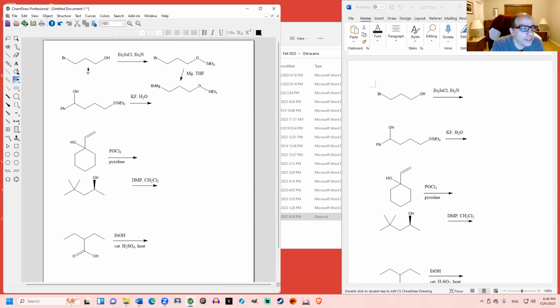Whereas if you treated this one with magnesium and diethyl ether or THF, you wouldn't get a reaction. You just get a lot of white sludge, a bunch of magnesium salts. But you wouldn't be able to get a Grignard reagent because Grignard reagents are protonated by protic species such as alcohols and carboxylic acids.